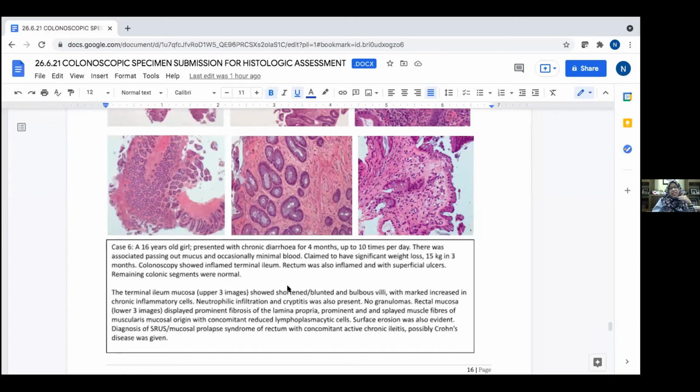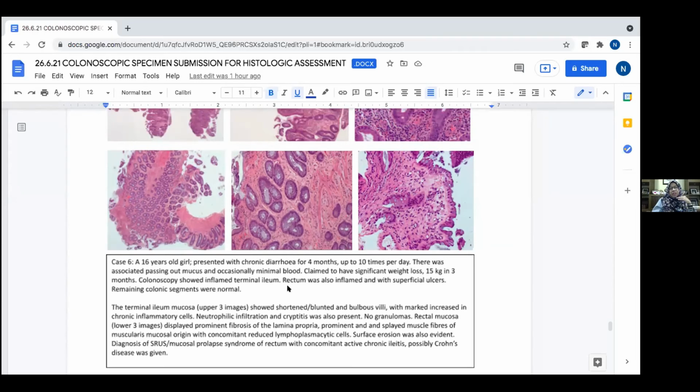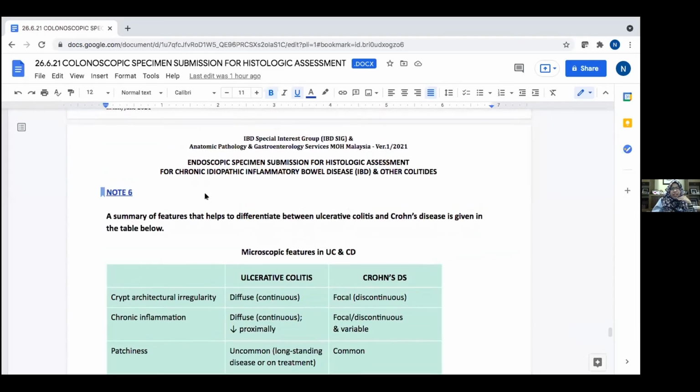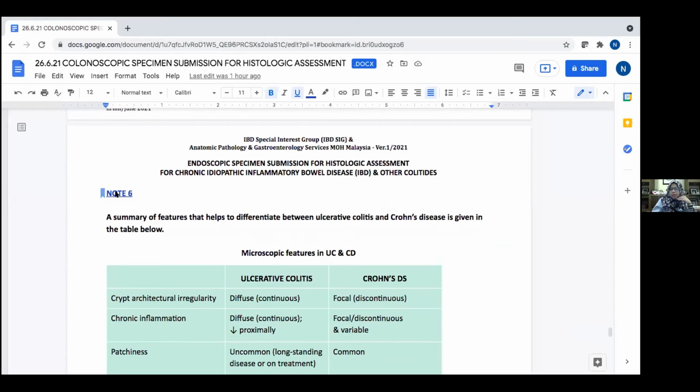So the history is supportive of that. Okay, so that's on the other possible pathology other than IBD that you may come across in your daily routine microscopy diagnosis of the colonic or bowel mucosa.